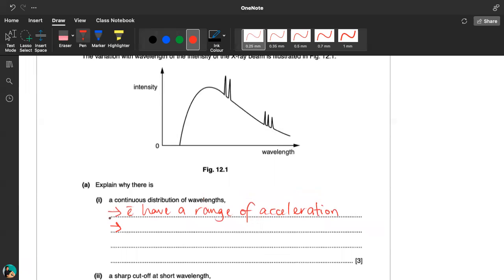Number 2, when they are slowed down, photons are produced.